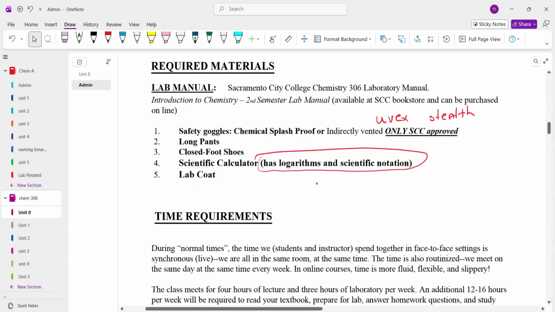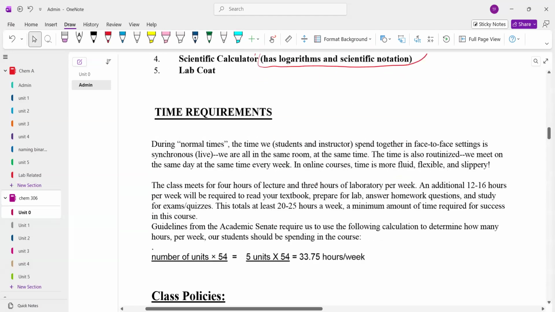Now, this class is not a trivial class at all. There's a lot of material in this class. It's a 5-unit class, so the expectation is you're spending a fair chunk of time per week.